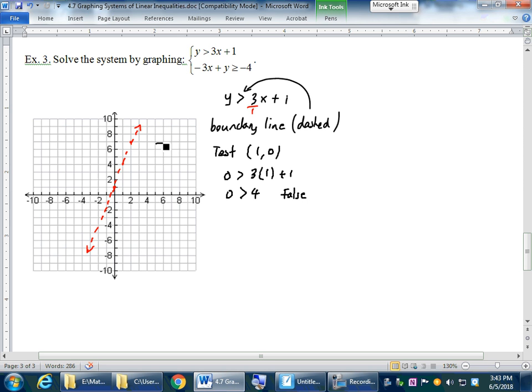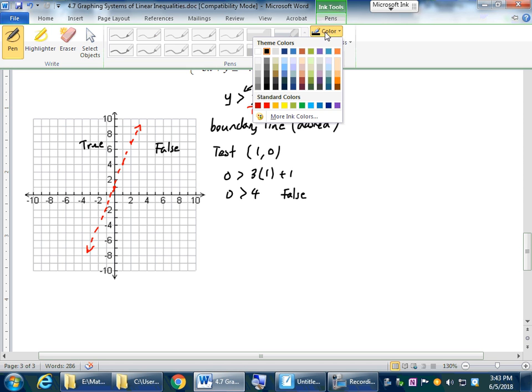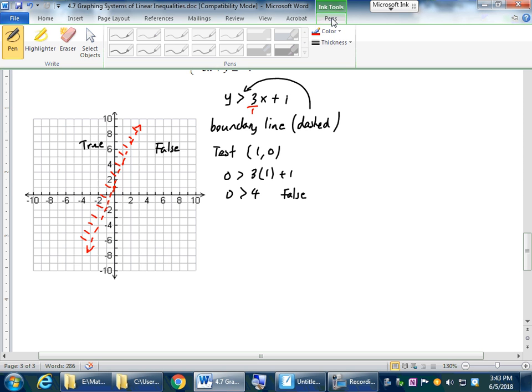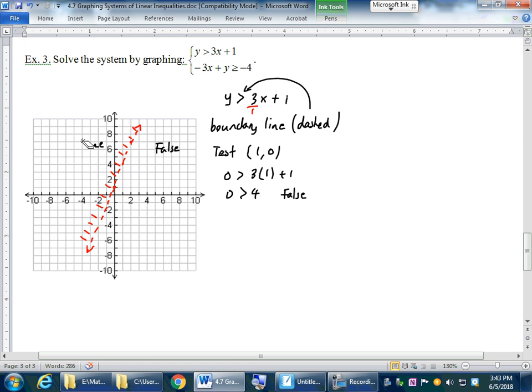So that means this side is false and this side is true. So we shade it on the true side. Now continue the same process for the next inequality.